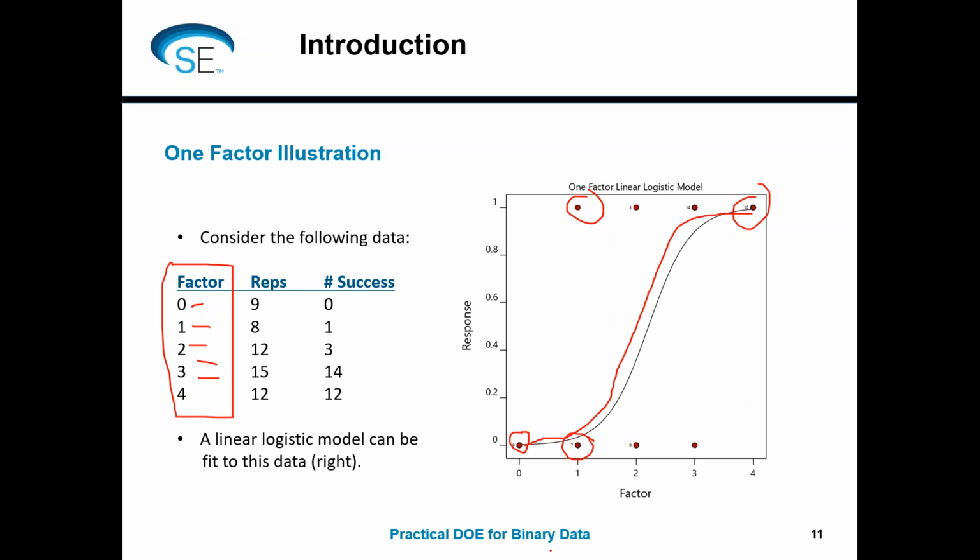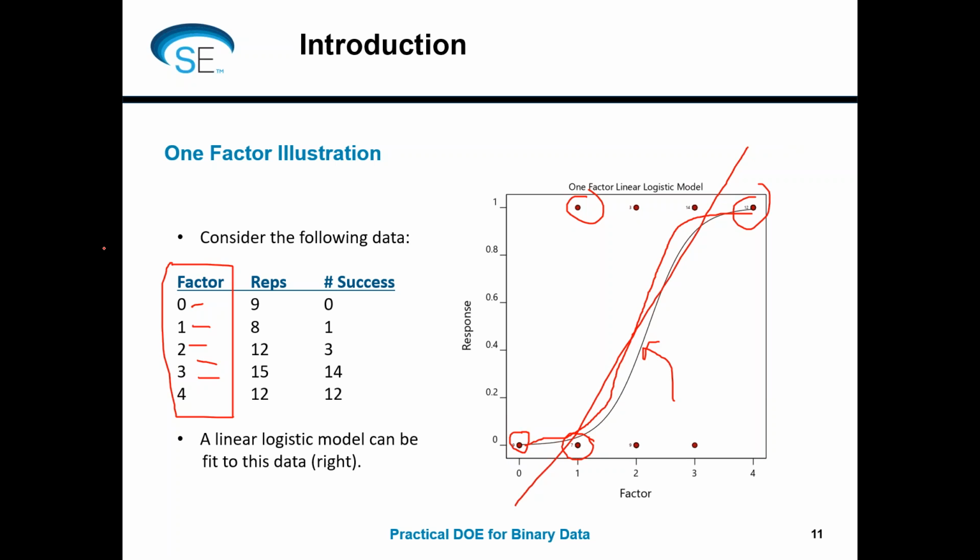Notice a couple of nice things. First of all, the model is always predicting a probability that's between 0 and 1. If I fit just a straight line through this, I'm probably going to get something that looks like this. I get a nice smooth transition as I go from 0 to 1.